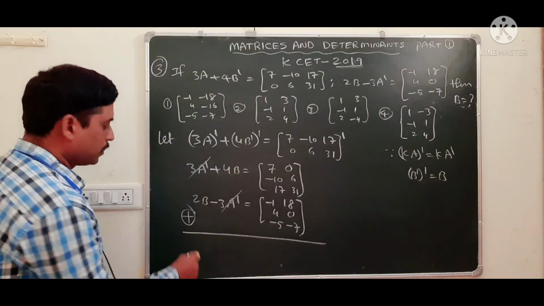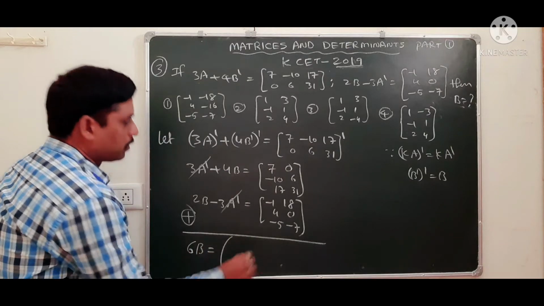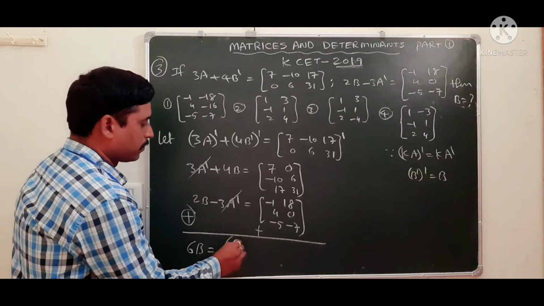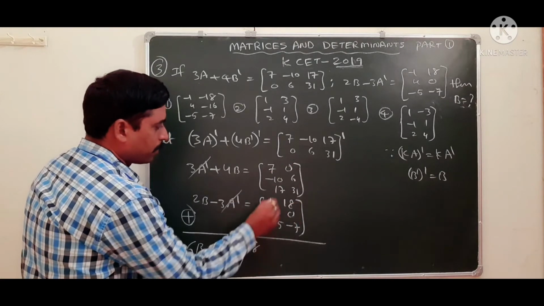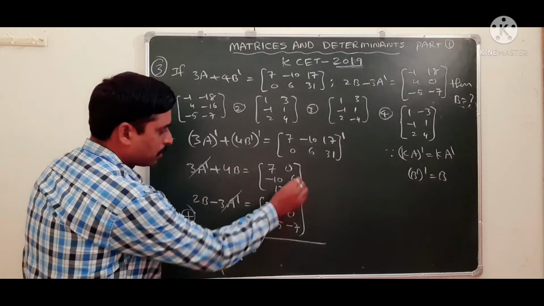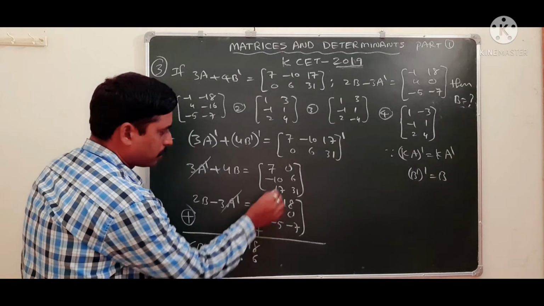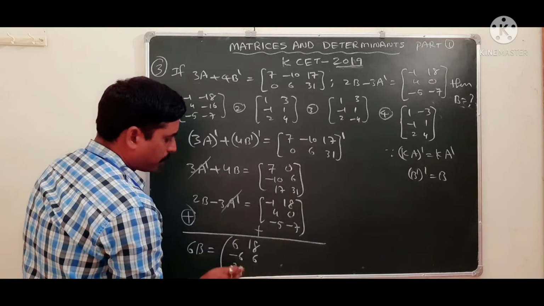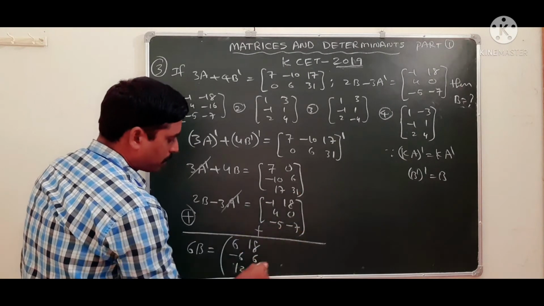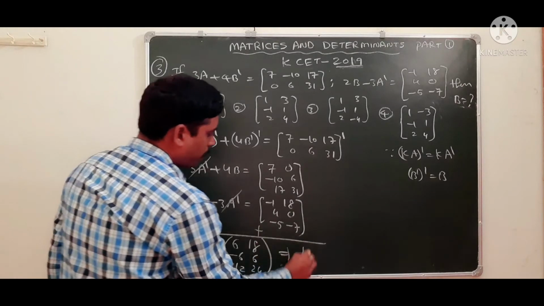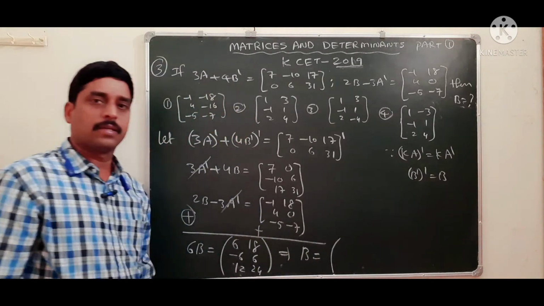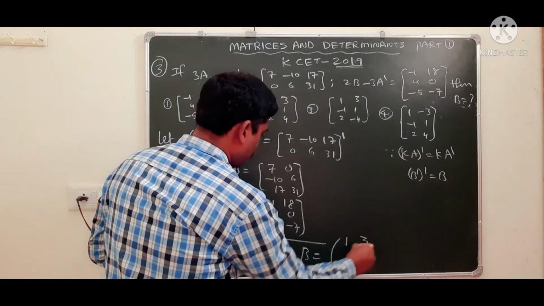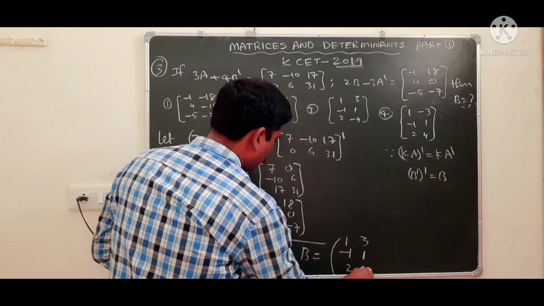So 4B plus 2B is 6B, equal to the sum of the matrices on the right side: 7 minus 1 is 6, 0 plus 18 is 18, minus 10 minus 6 is 24 after simplification, 17 minus 5 is 12, 31 minus 24. Now divide by 6 on both sides, since our target is B. So B is 1, 3, minus 1, 1, 2, 4.